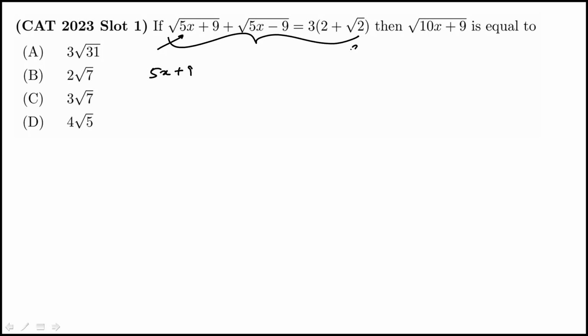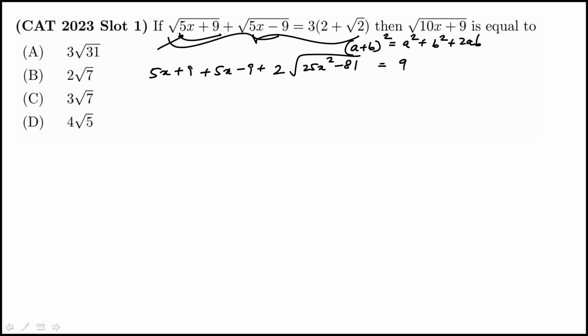So we're using the identity a plus b square, a square plus b square plus 2ab, and that is to get rid of the radical. So that plus 2 times product of these two, that's your difference of squares. So that gives you 25x squared minus 81. And this side, it will be 9 times 2 plus root 2 square.